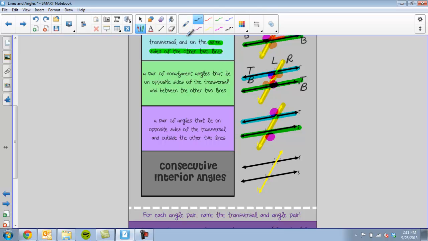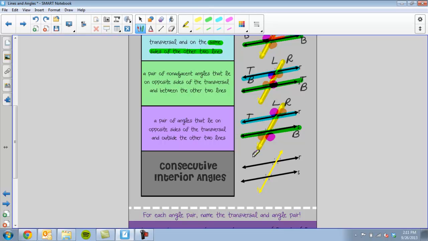Alright, so if I labeled everything, we would be on the left and the top and the right at the very bottom. Another option we would have is if we did 2 and 7, not inside the black and on opposite sides.